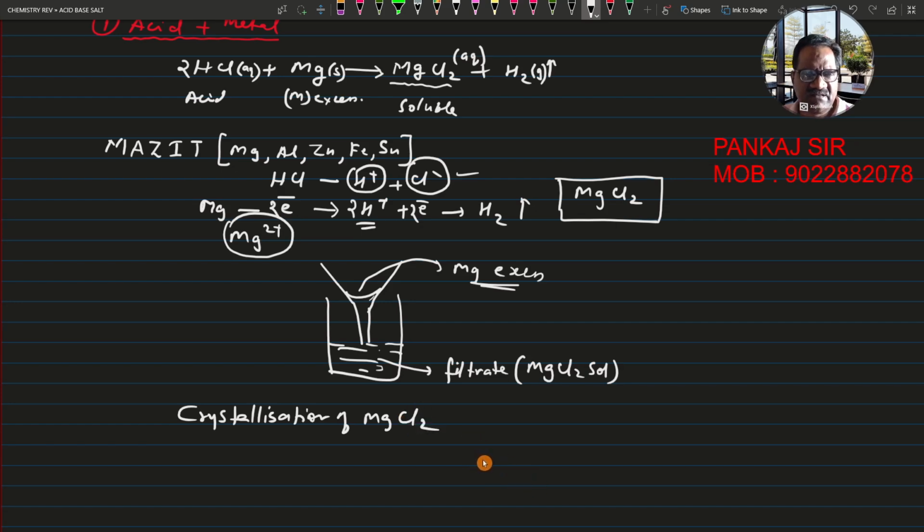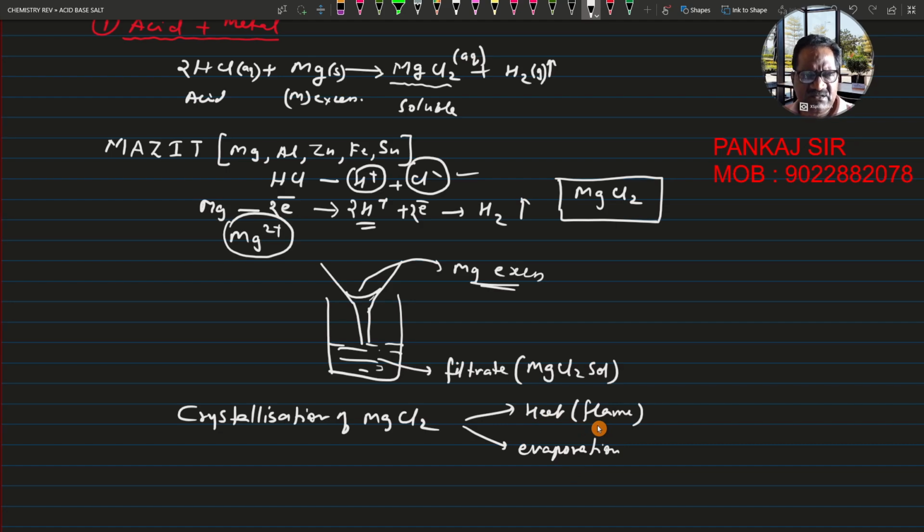Now what is crystallization? In crystallization, you either heat the solution on a very faint flame, or you make it happen by evaporation only. No need of using any flame. So either you do it by evaporation, or you heat it at a very reduced flame.